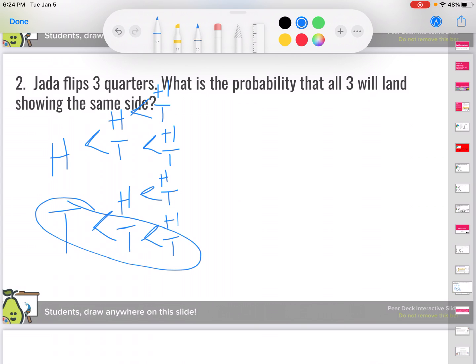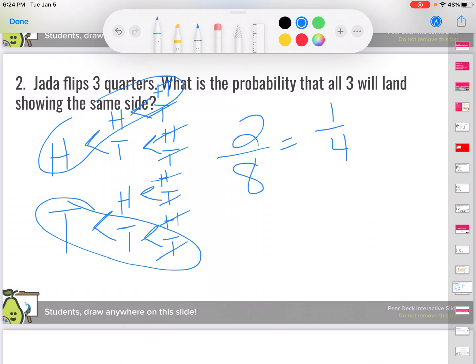So that's 1, 2. So 2 out of 1, 2, 3, 4, 5, 6, 7, 8 possible outcomes, or 1 in 4. So there's a 1/4 chance that all of them, or 0.25, or 25%, all of them are equivalent.